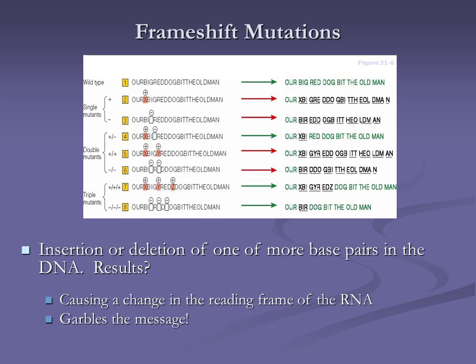And this illustration for frame shift mutations, I like how they've done that, because look at this. They're using just our normal alphabet, and they're organizing it into several 3-letter words. And normally, if you were to take what they consider to be this gene and spread it out into 3 letters, it would read, "Our big red dog bit the old man."